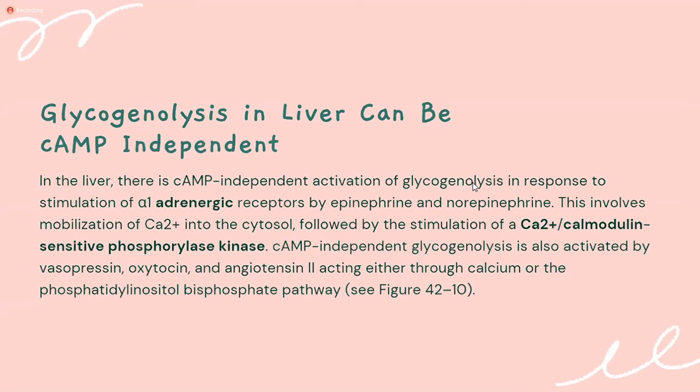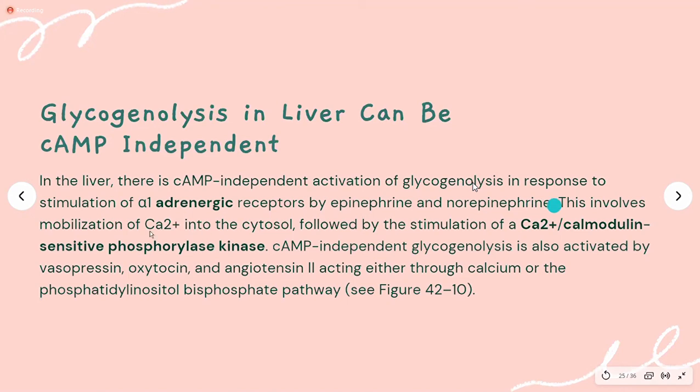Glycogenolysis in the liver can be cyclic AMP independent. In the liver, there is cyclic AMP independent activation of glycogenolysis in response to adrenergic receptors by epinephrine and norepinephrine.